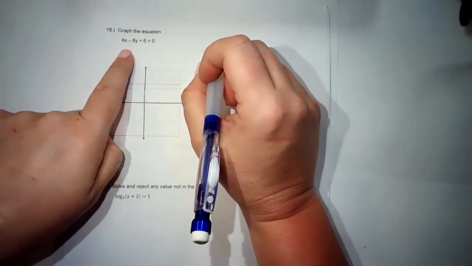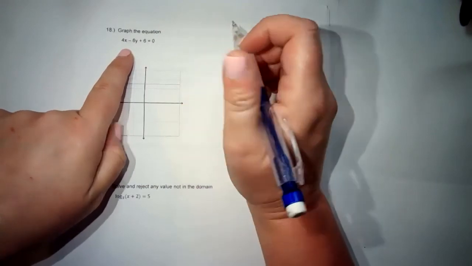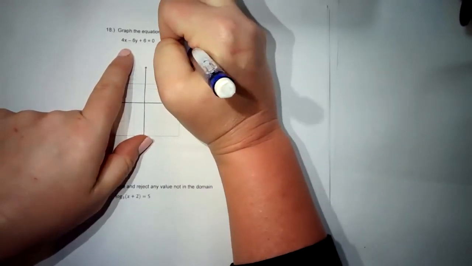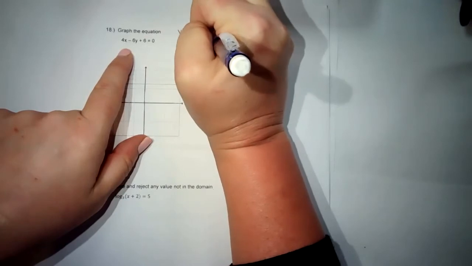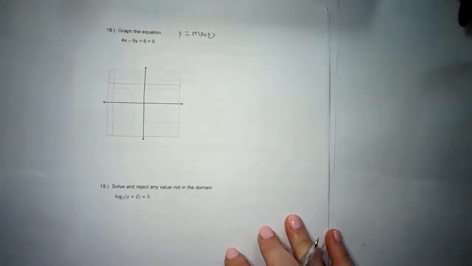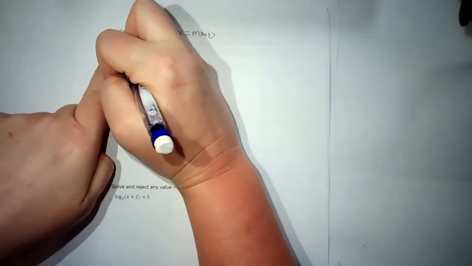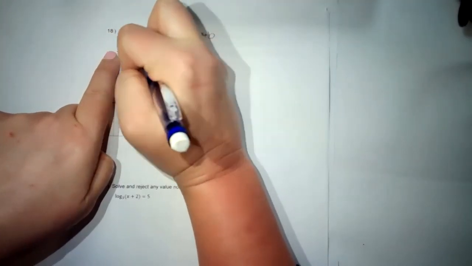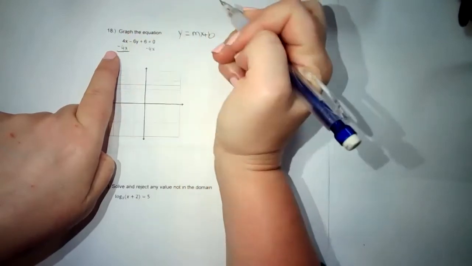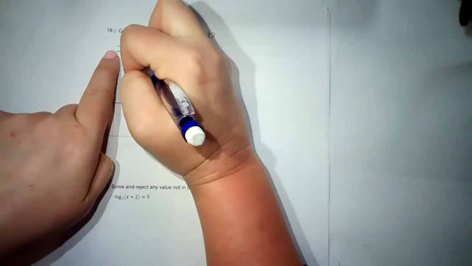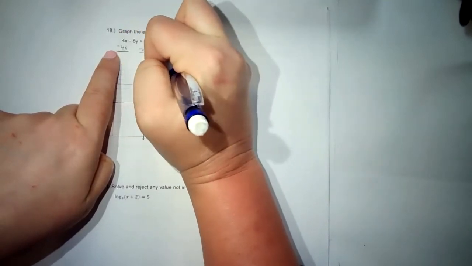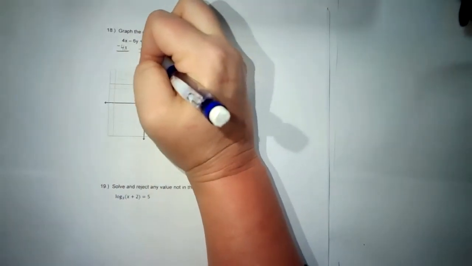That's it. Okay. Well, I don't know about you, but I think slope intercept form is the easiest way to find this. If you would rather do intercepts, you can, but I'm going to put it into y equals mx plus b because I think that's the easiest. Okay, so I'm just going to leave y where it is, and I'm going to subtract 4x from each side, and I'm going to end up subtracting 6. I guess I could have just added 6y, but whatever.